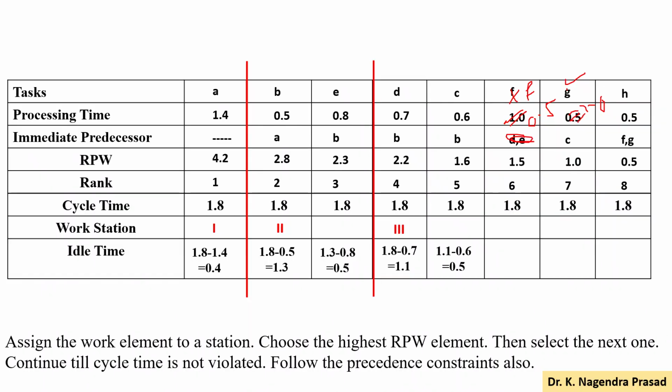And similarly here, for the F process, the immediate predecessor is C, and for this one it is D and E. And similarly the RPW value also has to change.